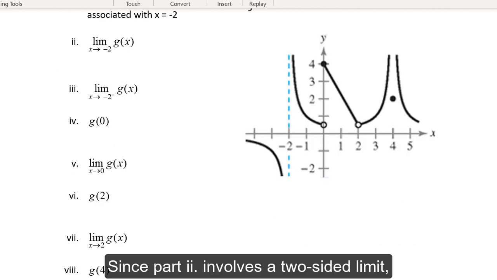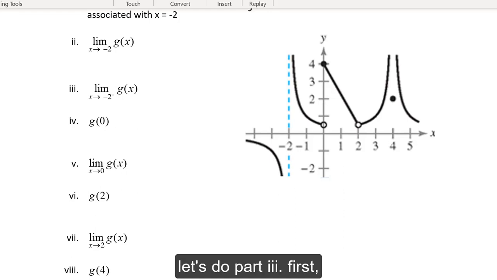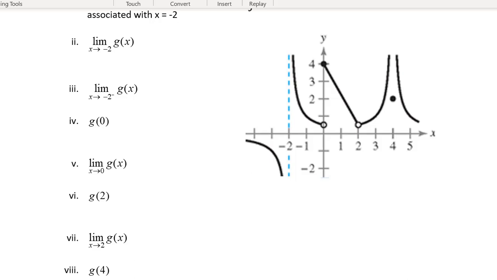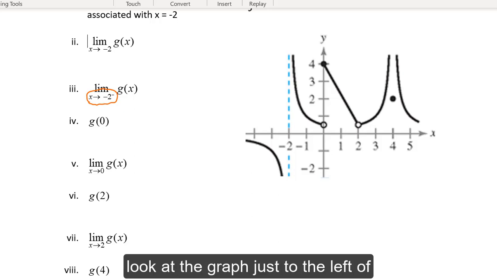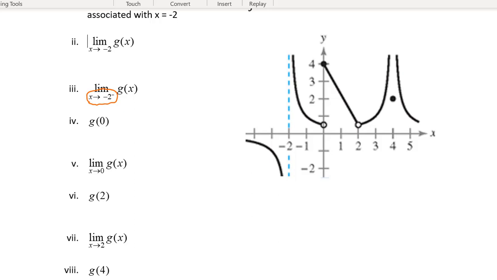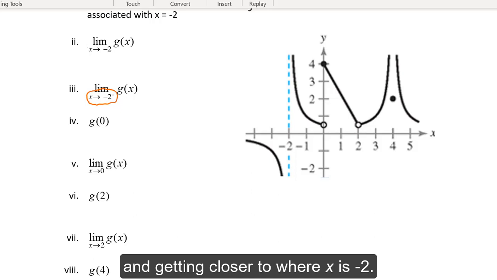Since part 2 involves a two-sided limit, let's do part 3 first, which is a one-sided limit. As x approaches negative 2 from the left, look at the graph just to the left of where x is negative 2 and getting closer to where x is negative 2.